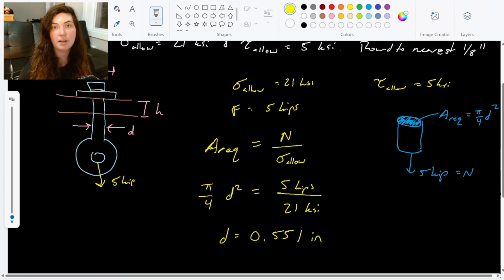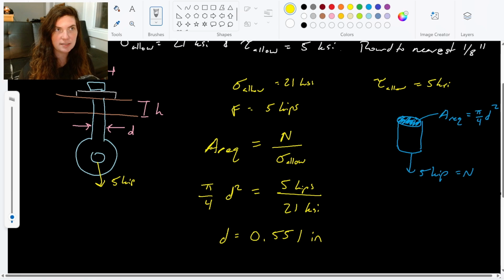Now remember, that's not my final answer. It said round to the nearest eighth, which makes sense. If you're going to order a bolt, you're not going to order one that is exactly 0.551 inches. You're going to have a really tough time finding that. We don't want to special order any bolts, so we're going to go to Home Depot. Round to the nearest eighth.